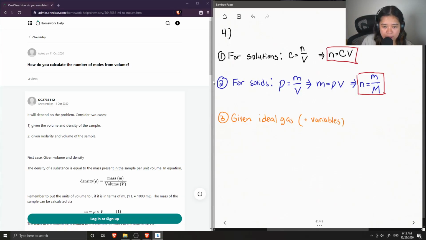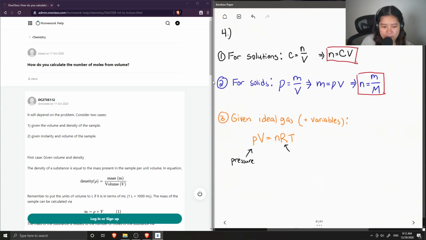I'll show why. If we have the ideal gas equation, PV equals nRT, not only do we need volume, we'd also need the pressure of the system.